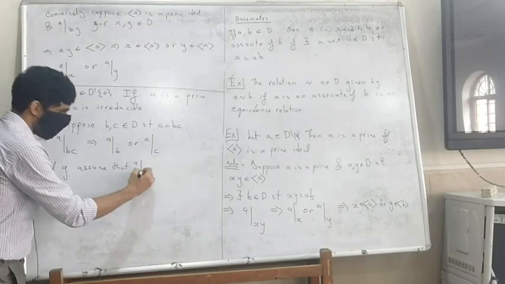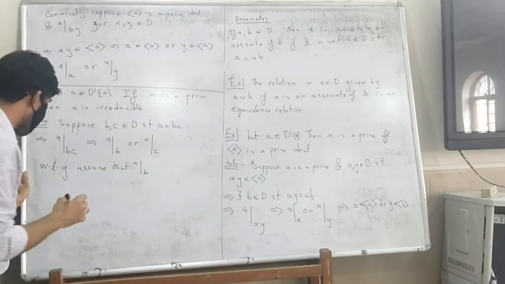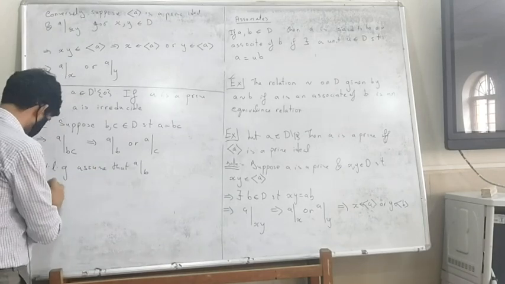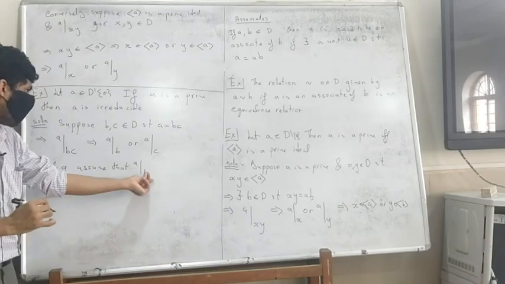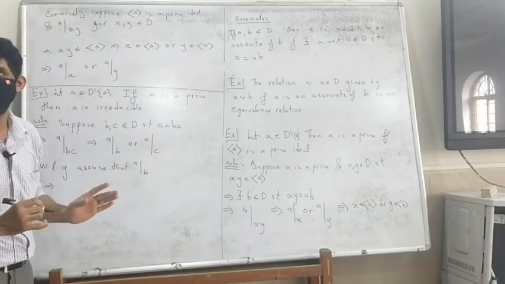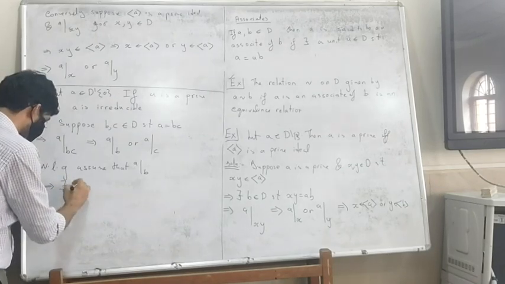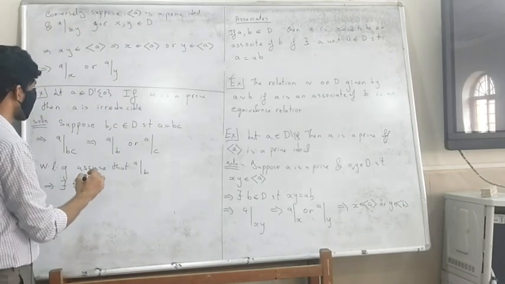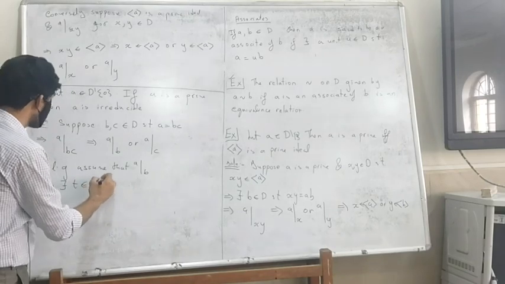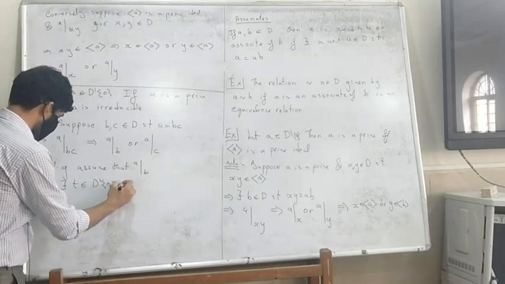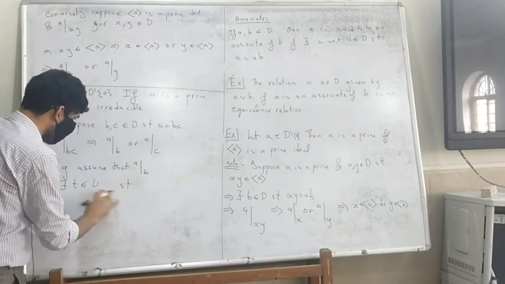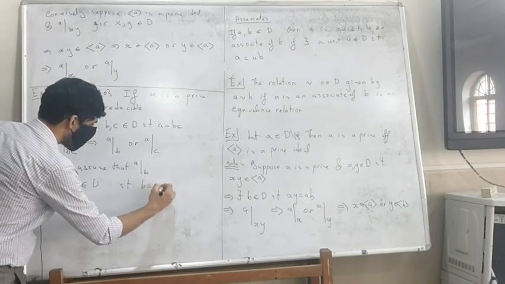Without loss of generality, assume that A divides B. What happens if A divides B? You can write B as A times something, right? So there exists some T in D such that B can be written as AT.